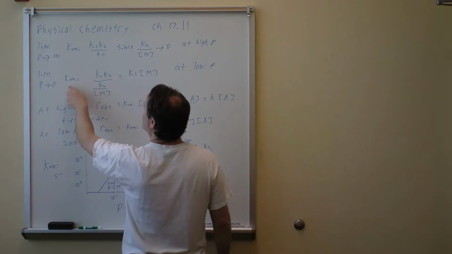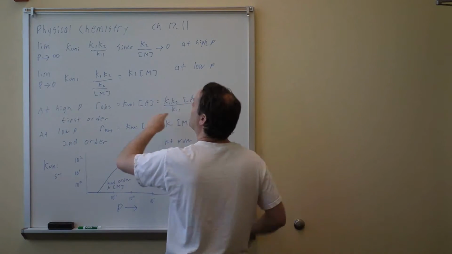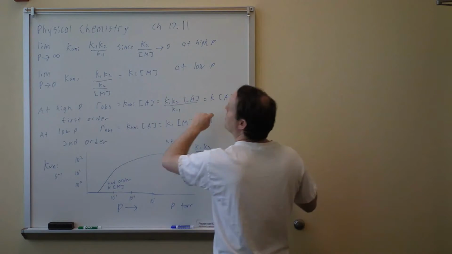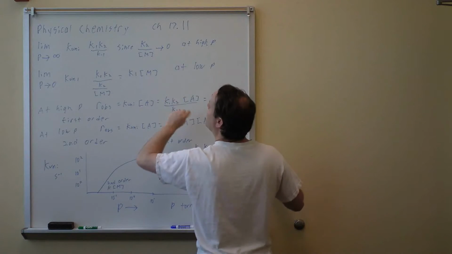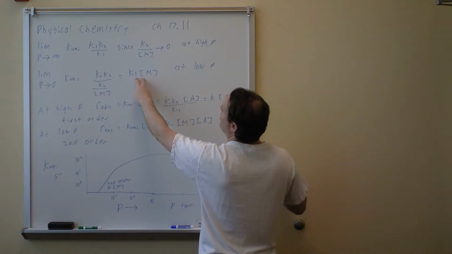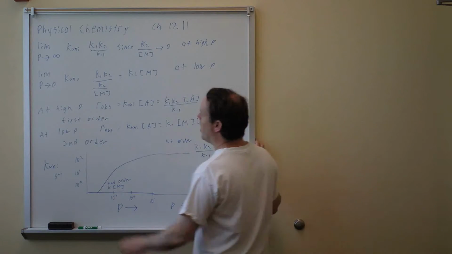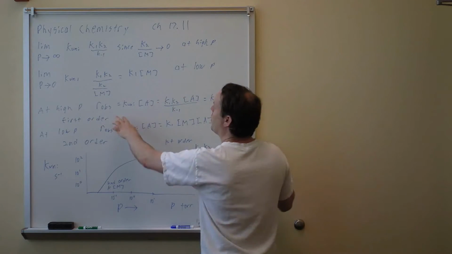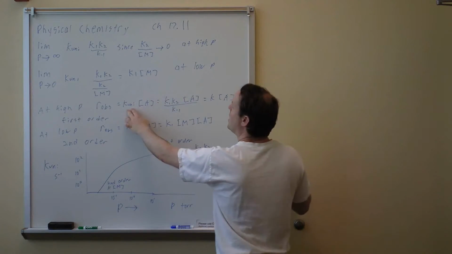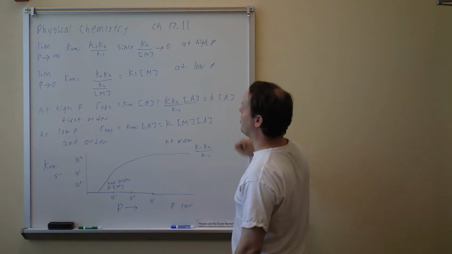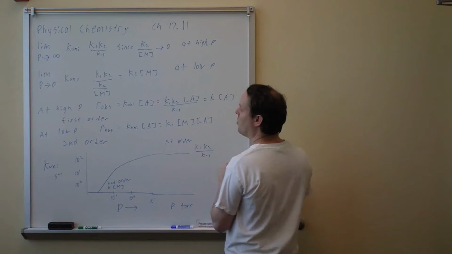Then the limit as pressure goes to 0 of K unimolecular is going to be K1 times K2 over K2 over M. So the K2's cancel out, bring the concentration of M up, and you get K1 times the concentration of M at low pressure. So at high pressure, the observed rate is going to be K unimolecular times A, and that's just going to simplify to K times the concentration of A.